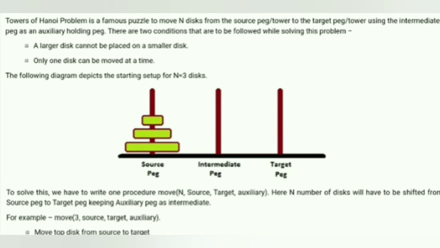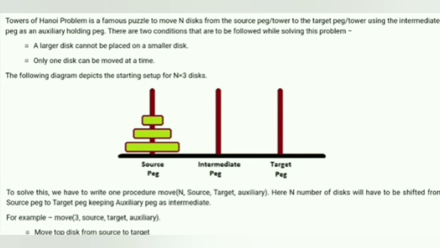So this is the source peg, this is the target peg, and this is our intermediate peg. Now, here we have considered that the value of n, that is the number of disks, is equal to 3.